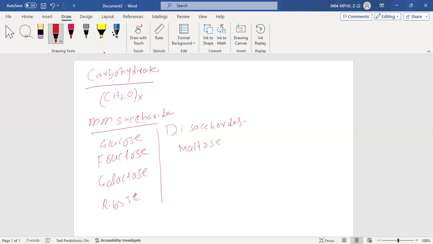Then you will have lactose. Lactose is composed of one glucose and the other one is galactose. So here you have the disaccharide lactose. Then you will have sucrose. So these are the examples of disaccharide, right? Now the last class is polysaccharide.